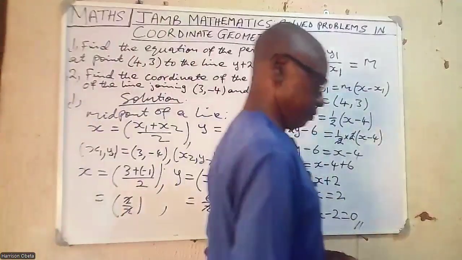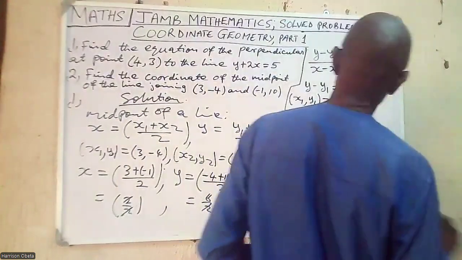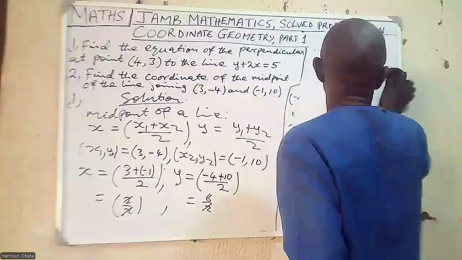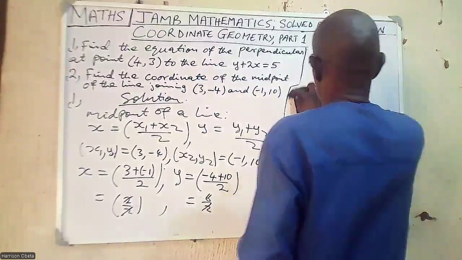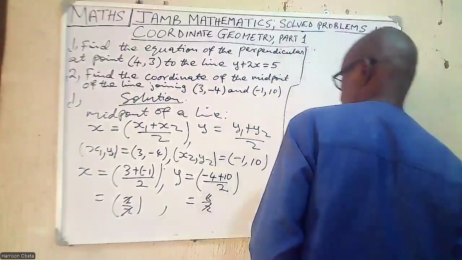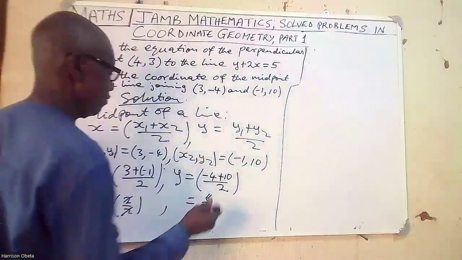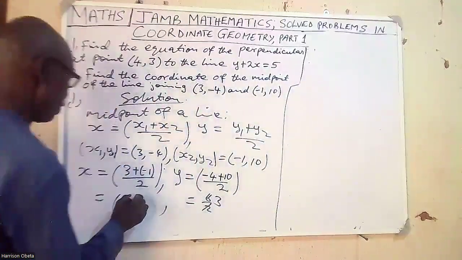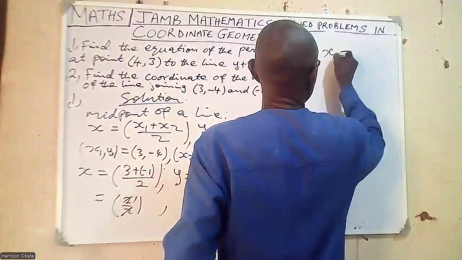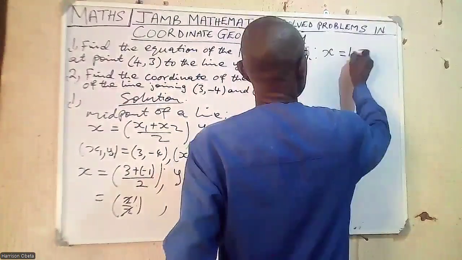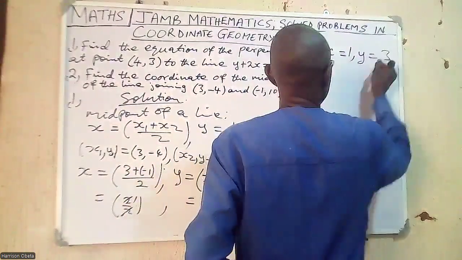So going over, therefore x is equal to 1, y is equal to 3.